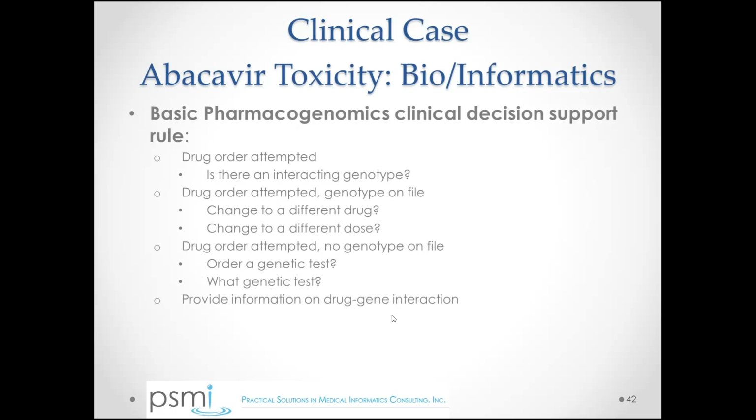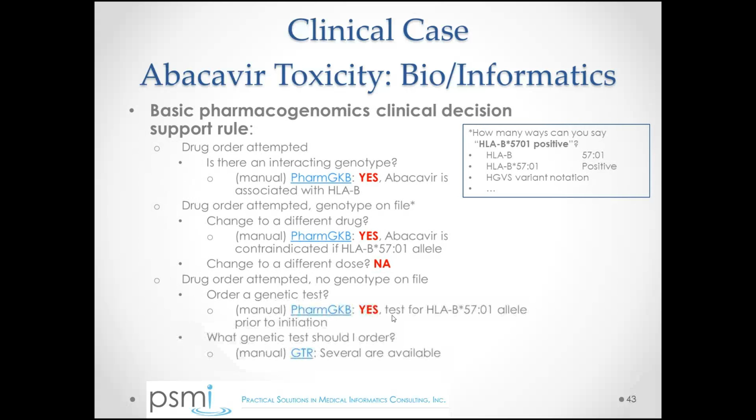So let's go through this decision support scenario in a little bit more detail, because it turns out that the information for answering these is generally available, although not necessarily always in complete computable structured form, although that is coming along pretty nicely too. So drug order attempted, is there an interacting phenotype?